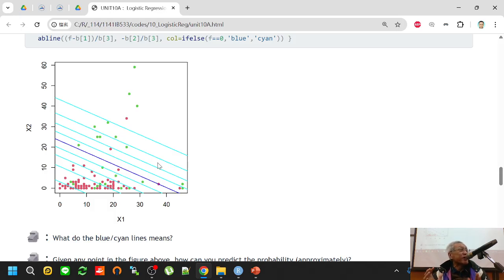Okay? So this is how the model works, right? It fills the blanks. In your sample, you only have some data points, right? But when you build the model, for any given x1 and x2, you can tell the probability, isn't it? Right?